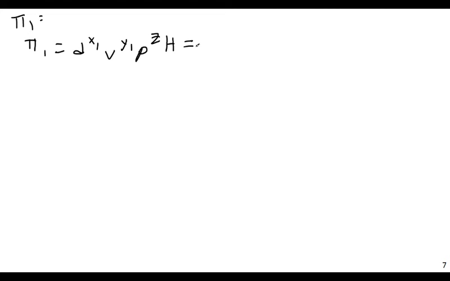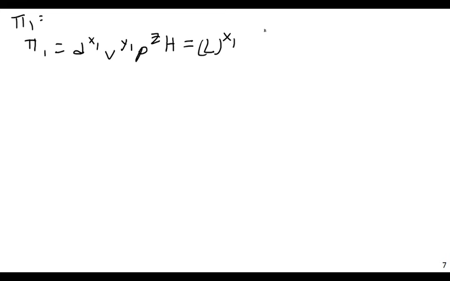must be equal to, if I substitute in the appropriate dimensions, L to the x1. Again, my 3 repeating variables, d, v, and rho, will appear in each of my pi terms. The h and the other non-repeating variables will appear only once in one pi term.